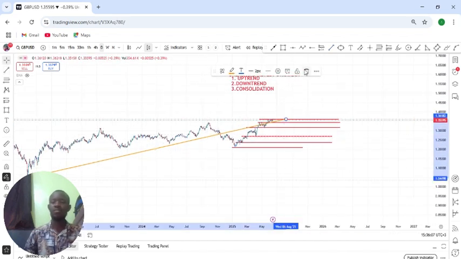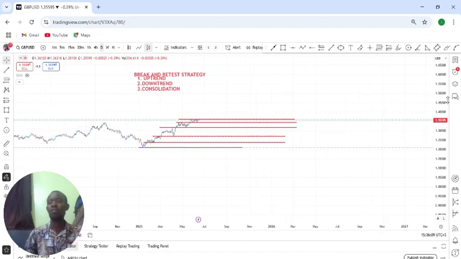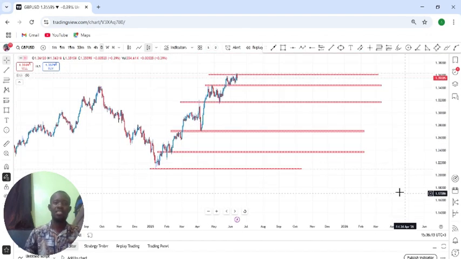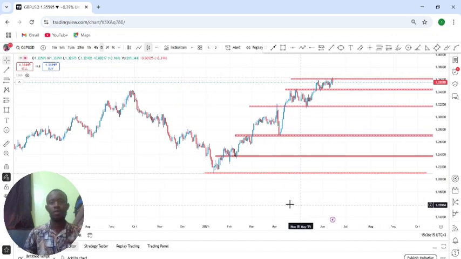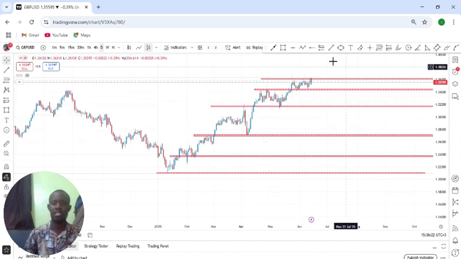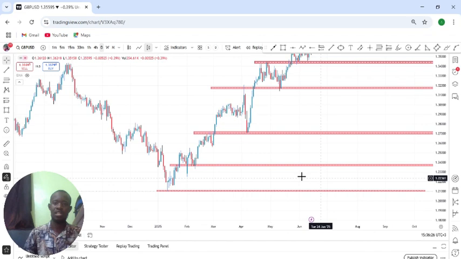Having said that, we focus on what the market is doing currently, and what the current trend of the market is. You can see the market is forming higher highs, higher lows, higher highs, higher lows, and I have already drawn the zones here to mark that the market is in an uptrend. This move began here.